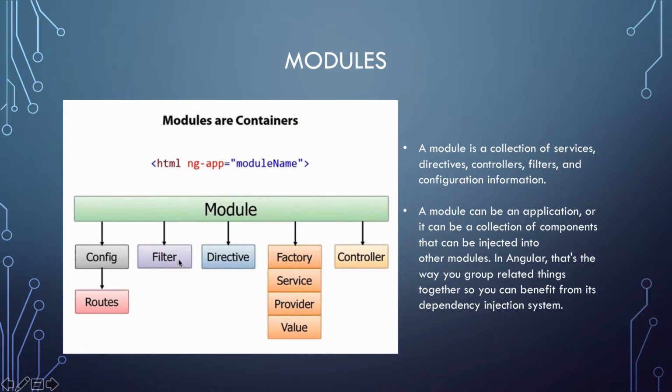Or, better yet, when you have a module name being called, and you have all the filters, directives, all the services and controllers within that module, that's basically the full class.